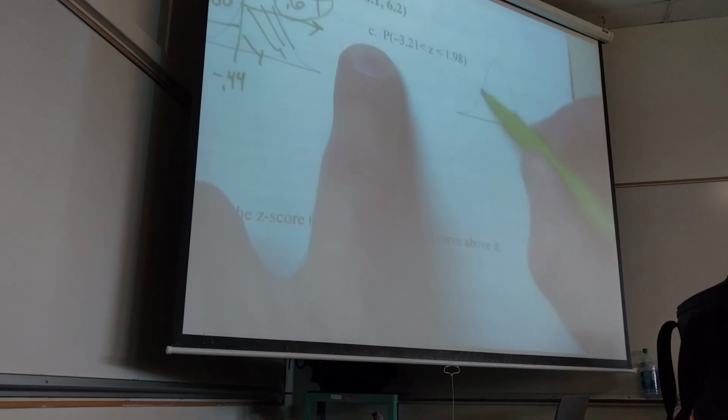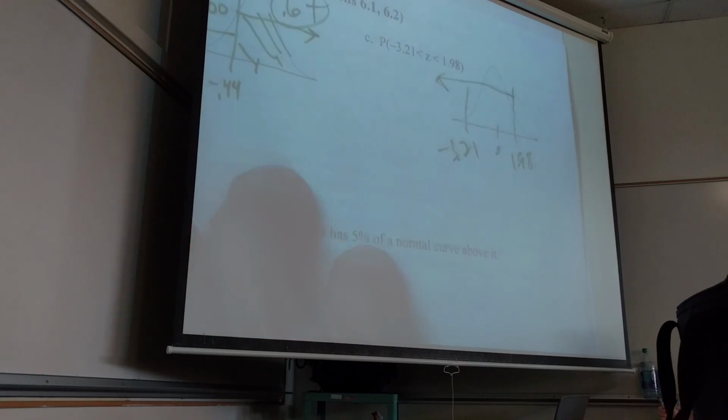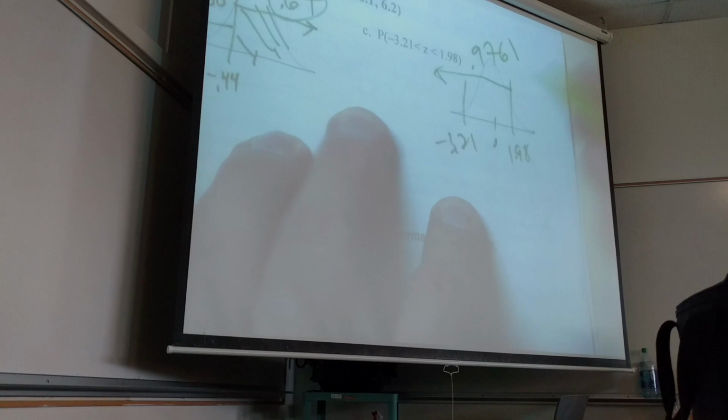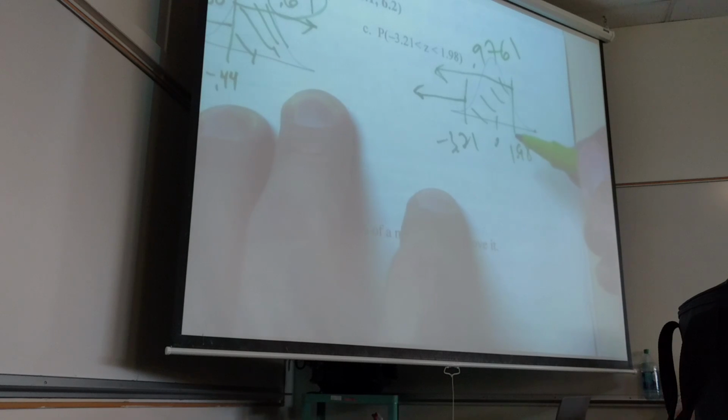So part C, I want between negative 3.21 and 1.98. So when you look up 1.98, what do you get? 0.9761. And that's too much, right? I just want this area in the middle. That's too much. So if I look at negative 3.21, what do you get? 0.0007.